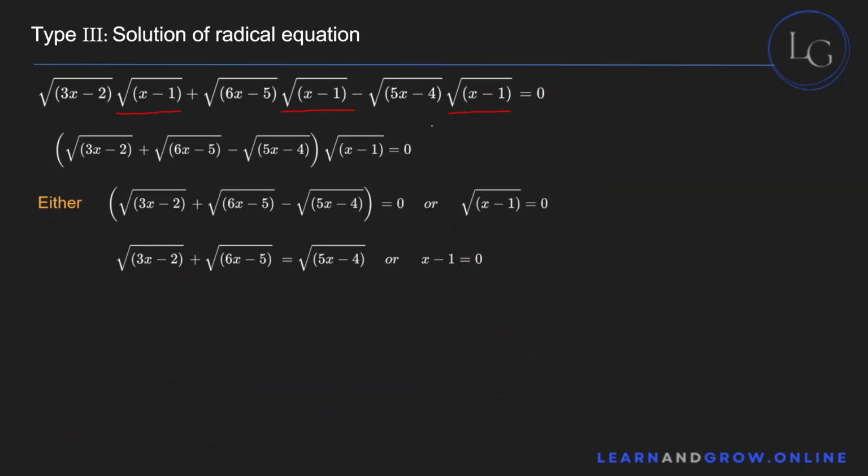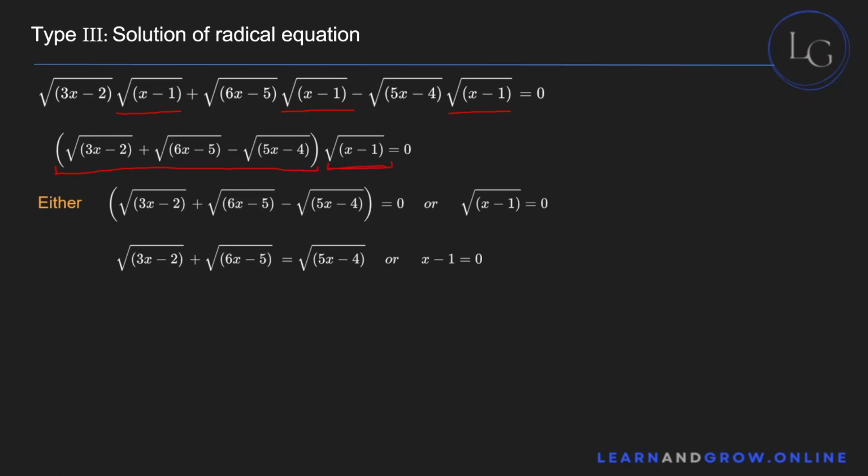So you've taken the term on the right hand side to the left hand side and put a 0 on the right hand side, and now you've taken the under root x minus 1 common in all three terms to get these two terms. So this whole term is either equal to 0 or this term is equal to 0.